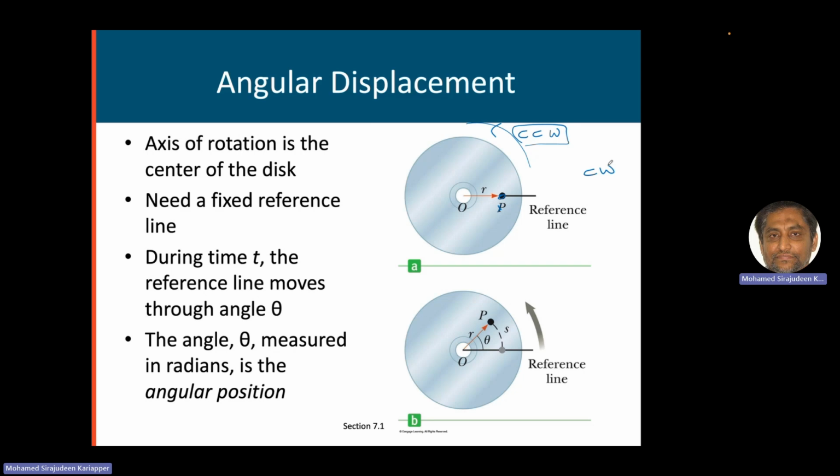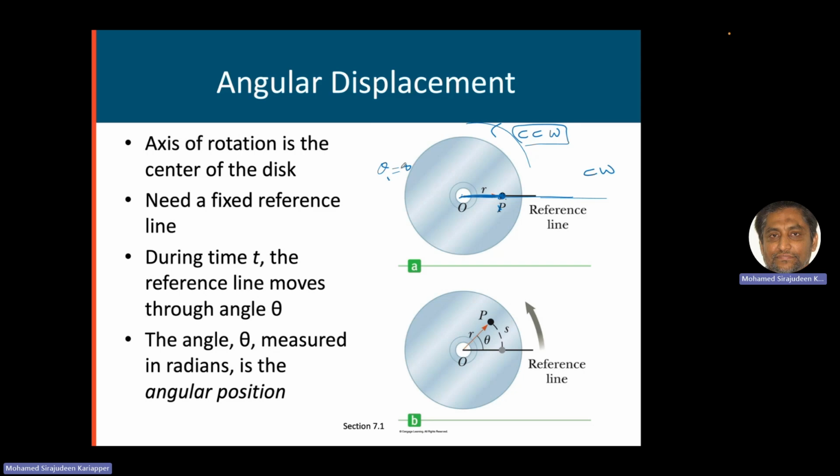So let's go slowly. This is rotating, and we have a reference line which is not rotating. It's a horizontal line like the x-axis, for example. The angular position of this point, for which we draw a line from the center to the point, is the angle this line makes with the reference line. Initially theta is 0, because now it's moving, and P is going to rotate.